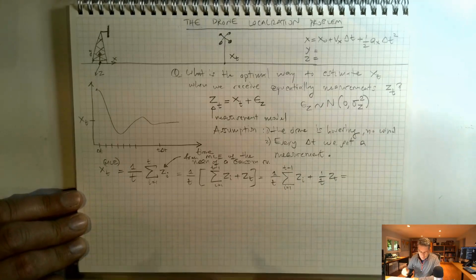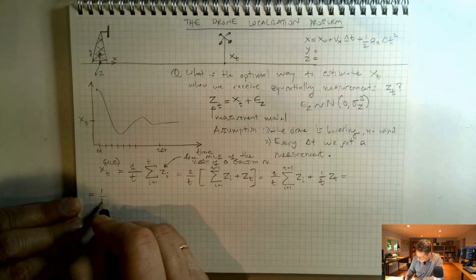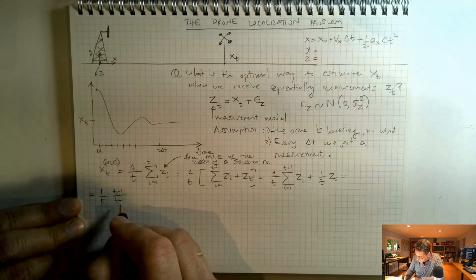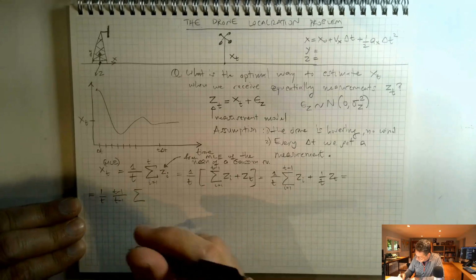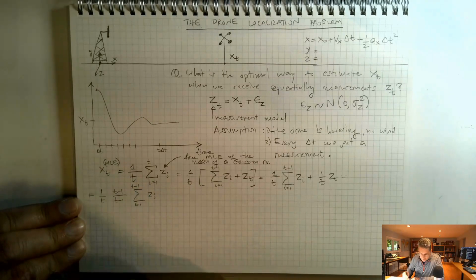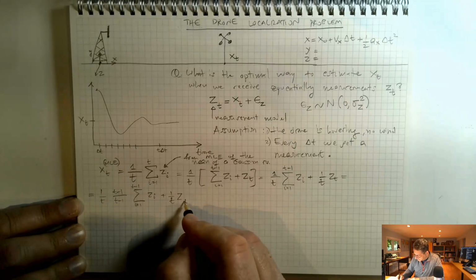And I'm going to write the first one as 1 over t, multiplied by t minus 1 and divided by t minus 1, the summation from i equals 1 to t minus 1 of zi, plus 1 over t zt.